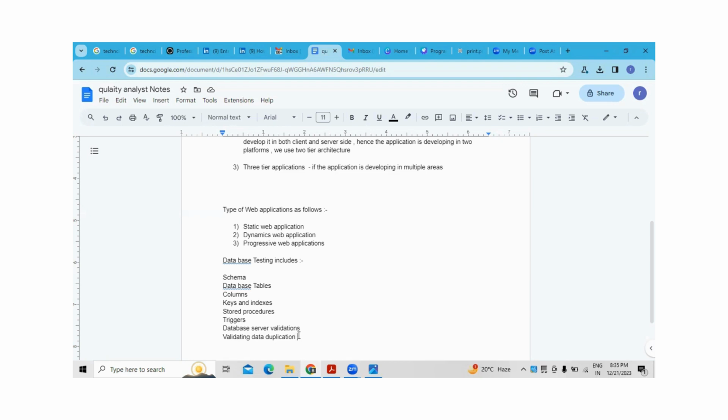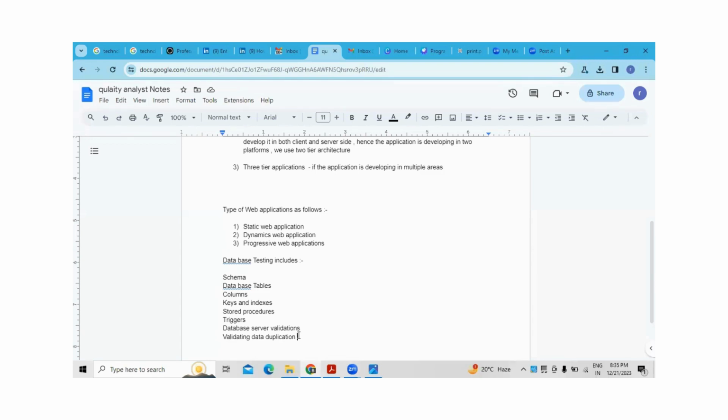This is where database testing comes in. If you want to test any database, what we have to test is this: one is the schema. At the same time, we need to test the data tables, the columns, and the keys and indexes.